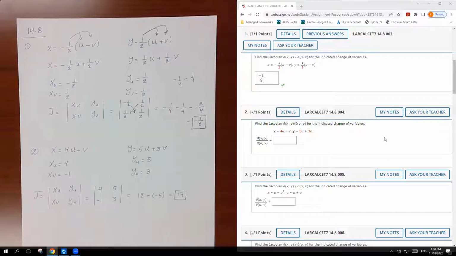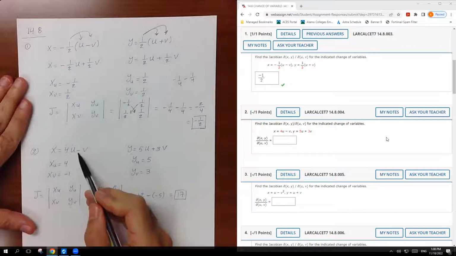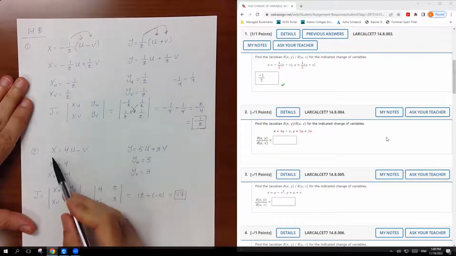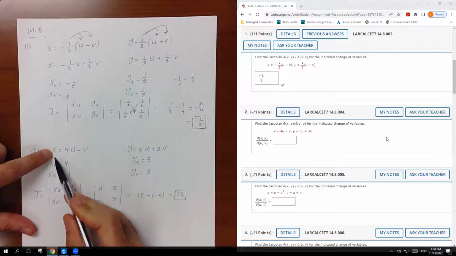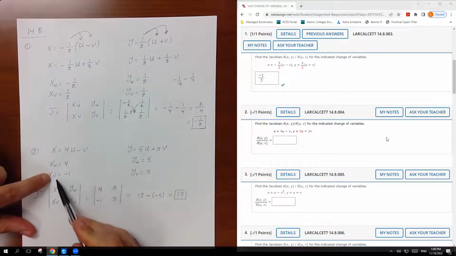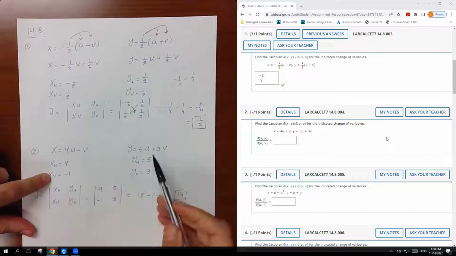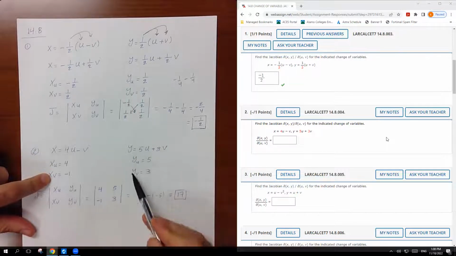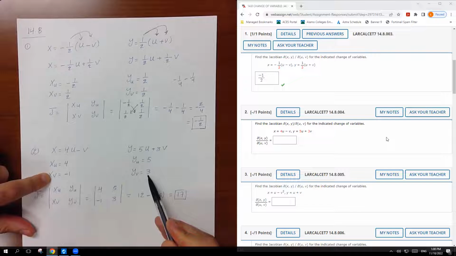We're going to do the same thing with the second one, find the Jacobian. We have x equals 4u minus v and y equals 5u plus 3v. x with respect to u is 4. x with respect to v is -1. y with respect to u is 5. y with respect to v is 3.